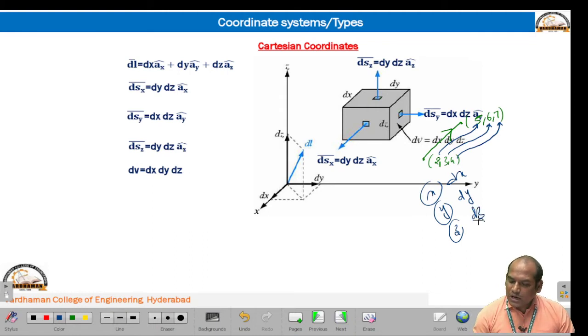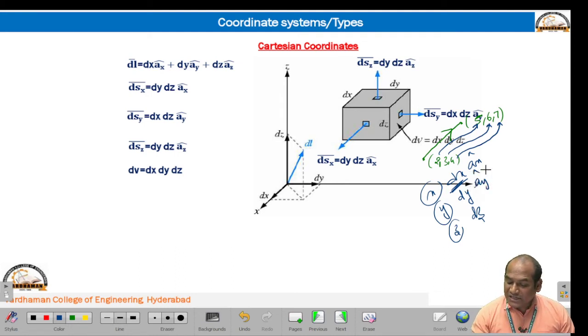So what is the differential length vector in the x direction? It means dx ax cap. How much change is there, that we take as the magnitude, dx, and the direction is the x direction, which we already know. What is the differential length vector in the y direction? dy ay cap.